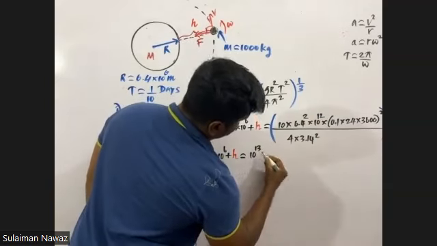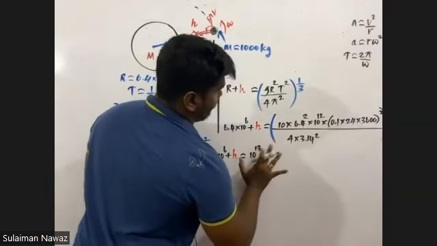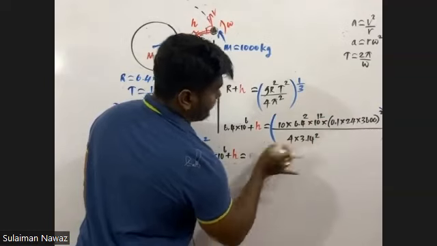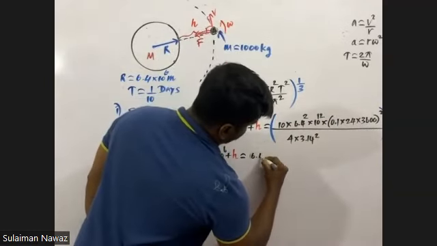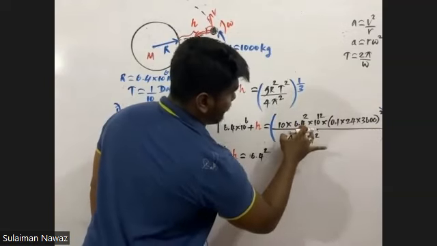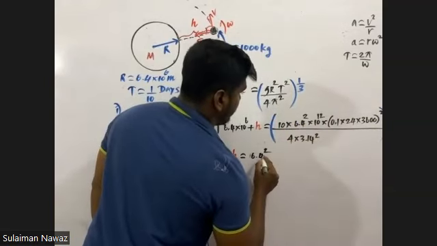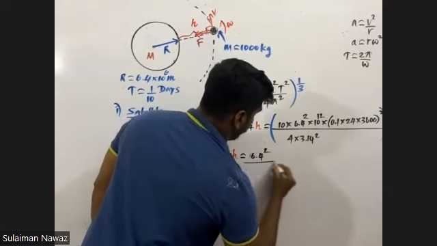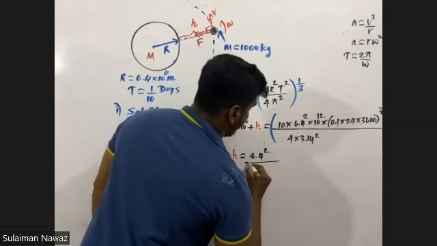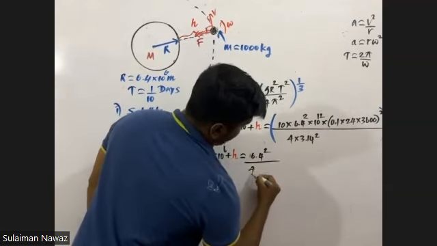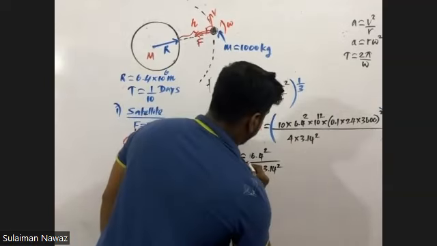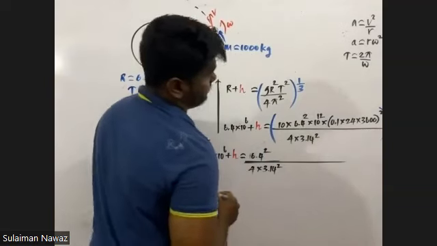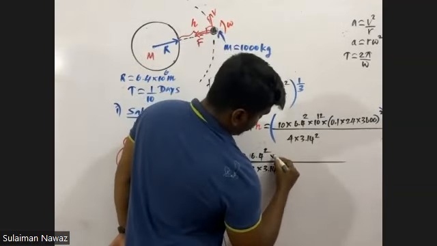I can write down 6.4 squared here, over 4 into 3.14 squared, times 10 to the power 13.